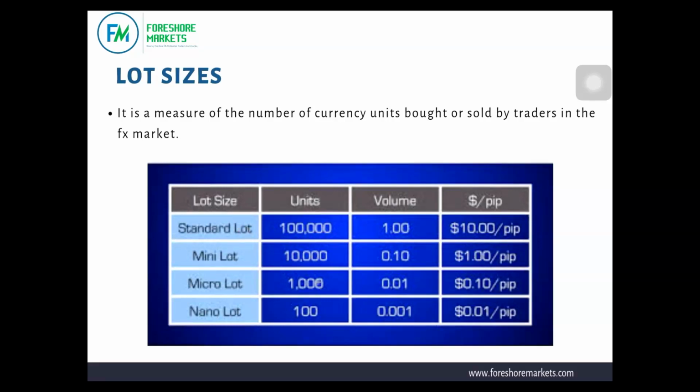Everything on the micro lot line is 1/10 of the mini lot. For nano lot, we hardly use nano lot. Nano lot applies on cent accounts. For this video, we don't need nano lot. Okay, so that's basically how it works. Now let me take you to the MetaTrader 4 platform and show you how to input those lot sizes or the volume and see how it works.